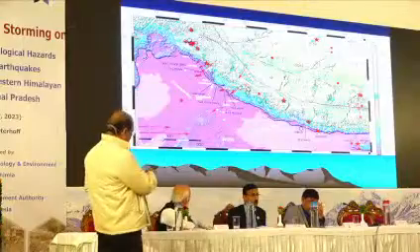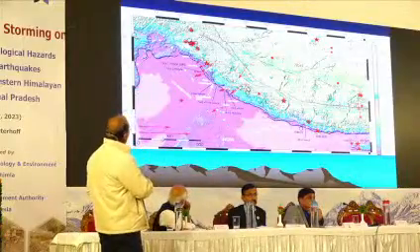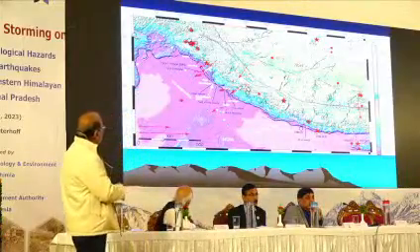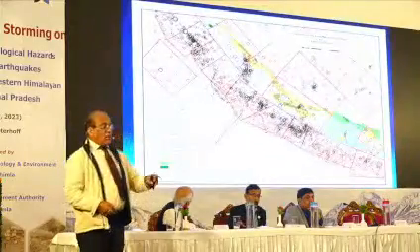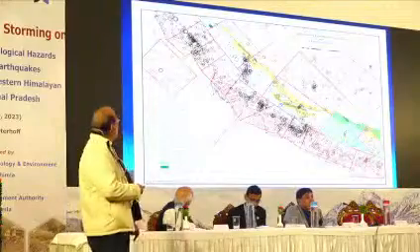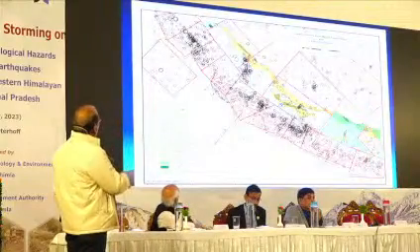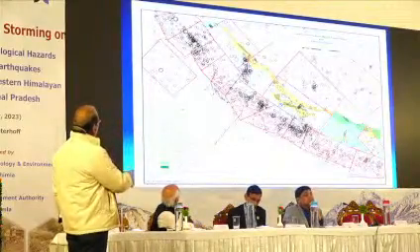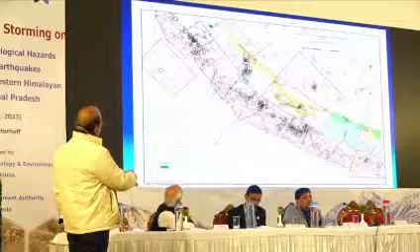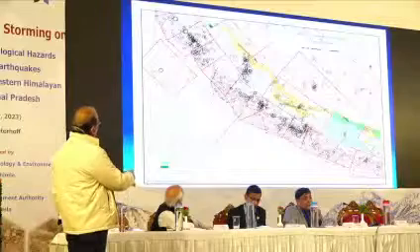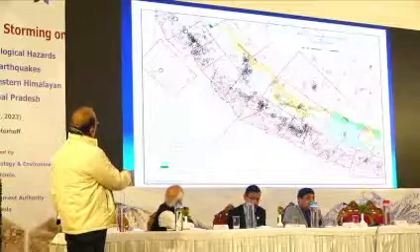Now this is just a map of this area, which shows the occurrence of major and small earthquakes. And this shows the seismic activities, the concentration of seismic activities. This is the Kishtwar region, then we have the Kangra region, then the Kinnaur region and Garhwal region.